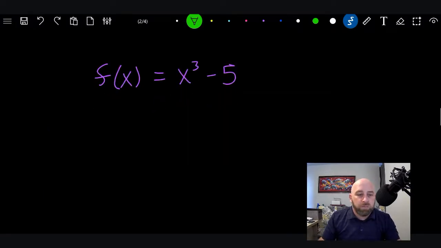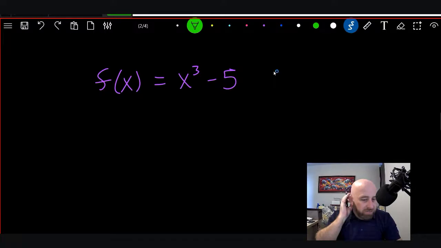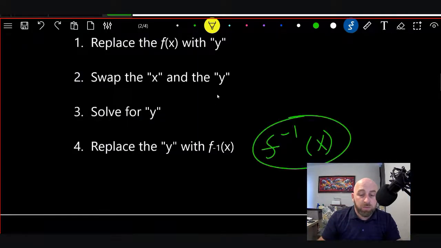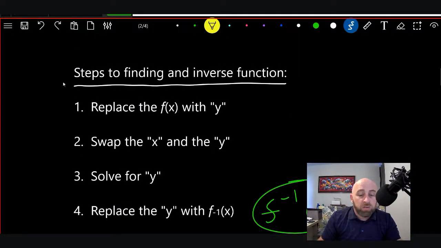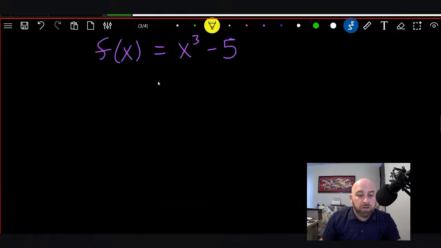All right. So here's our example. We have the function of x equals x cubed minus 5. Now, remember, this function of x equals y. And so I am going to go to step number 1, and I am going to replace the function of x with y. All right, let's do it.